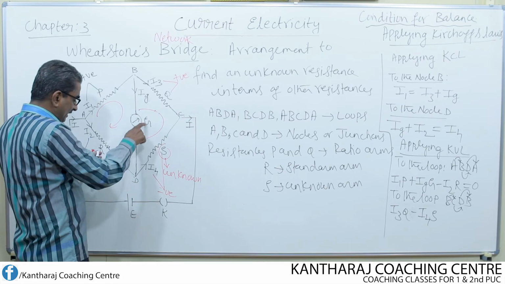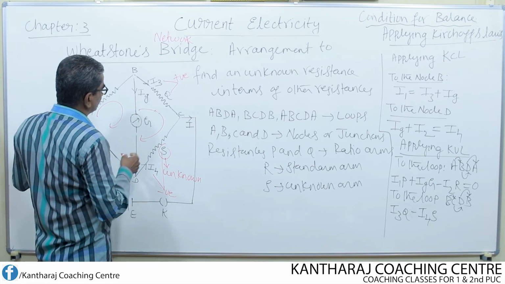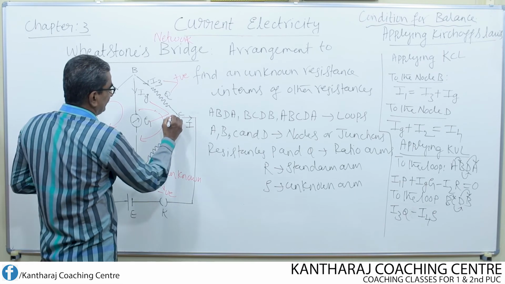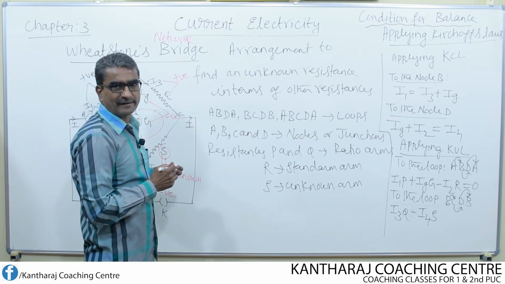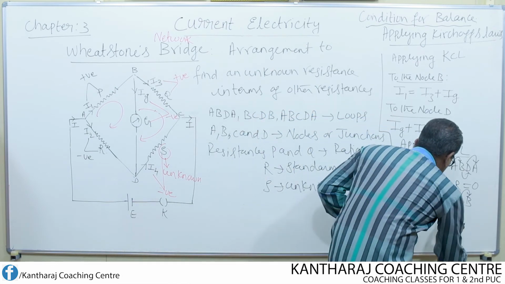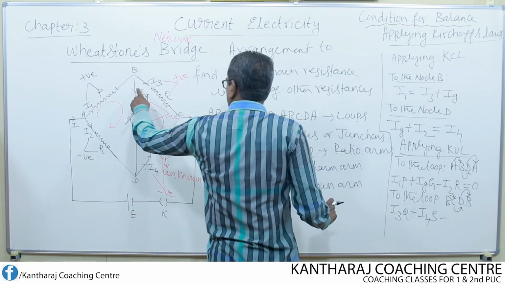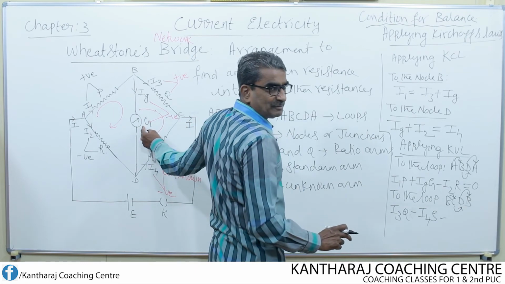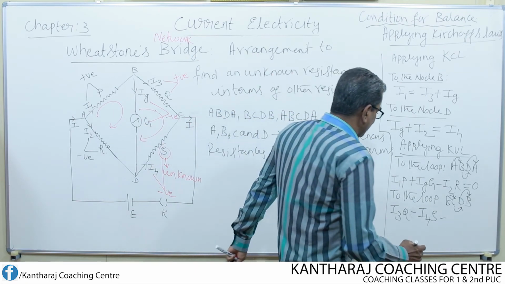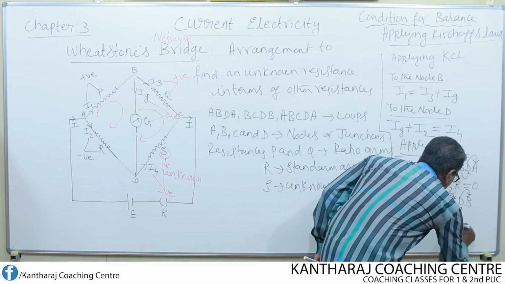Therefore, product of current and distance of these two should be negative. So, I write this as plus into minus. It is minus. Current is Ig. What is the resistance of this branch? Galvanometer resistance, which is equal to G, capital G. Therefore, minus Ig into G.